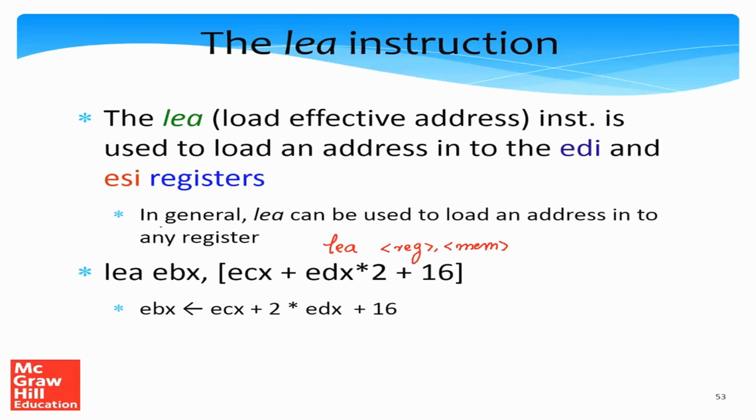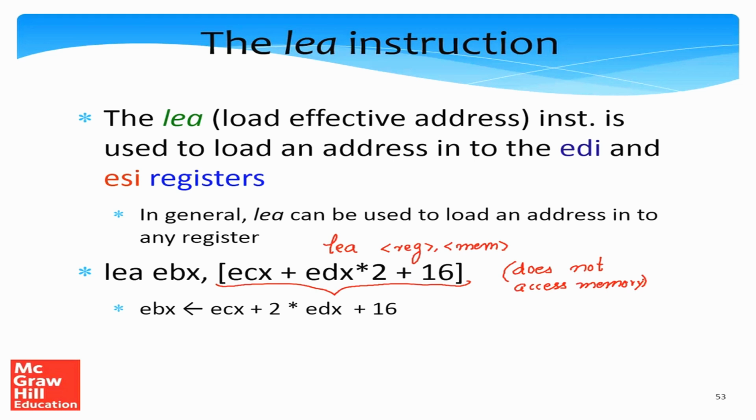What this does is, instead of actually loading something from memory, it considers this memory address and simply computes the address part. It does not access memory. So this is very important. By itself, memory is not accessed.